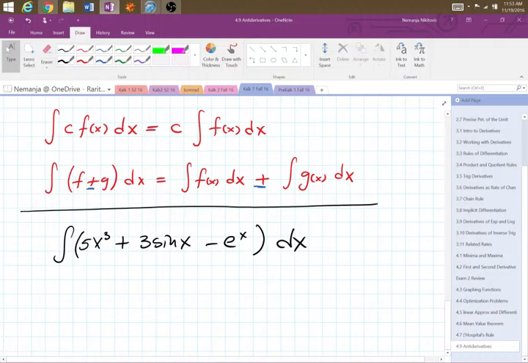So now you're supposed to write 3 integrals in one step, then keep the constant outside in the next step, and then write a solution in the last step and you're done. I'm waiting on you.